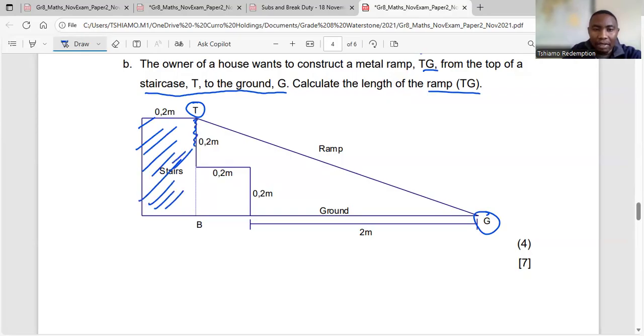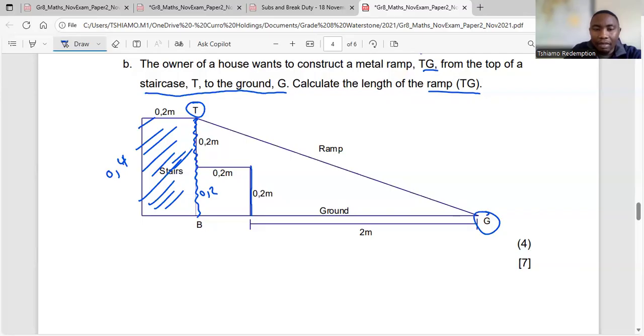So I can calculate the length of TB, the whole stairs, since I'm told that this is 0.2. So you see, this is 0.2, the whole thing will be 0.4.